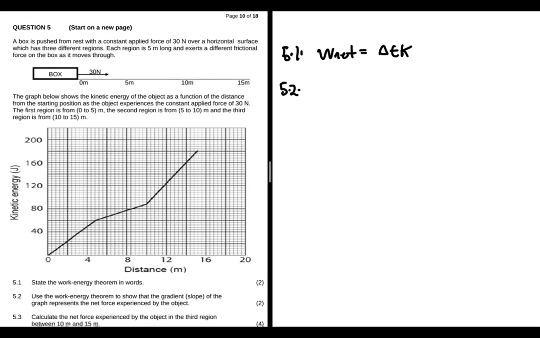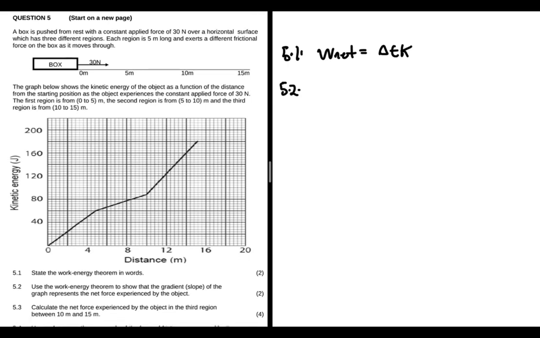5.2 says, use the work energy theorem to show that the gradient or slope of the graph represents the net force experienced by the object. I don't really like these questions that have to deal with graphs. But if you're doing physics, they're gonna come and you will need to know them. On the y-axis, we have EK, right? And then on the x-axis, we have the distance.